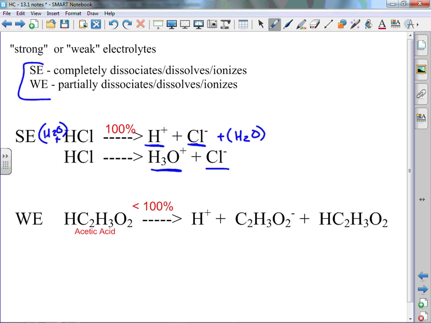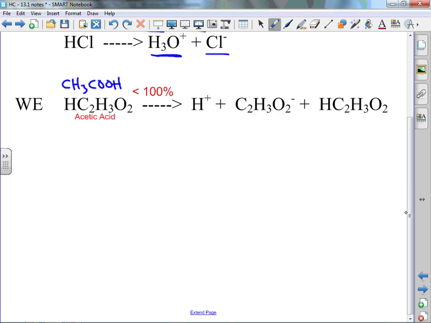To give you an example of a weak electrolyte, that would be acetic acid, HC2H3O2 or CH3COOH, both weak electrolytes. In this case, all we're saying is it's less than 100%. How much less depends upon the chemical. If we have a certain amount of acetic acid, some will break apart. The hydrogen breaks apart from the rest of the ion, the acetate ion. But we also have a significant amount of acetic acid that never changed.